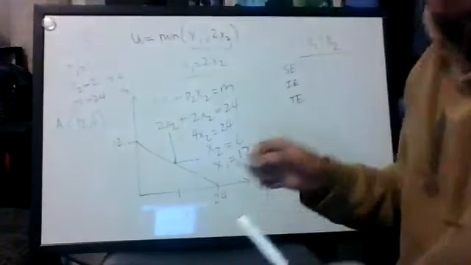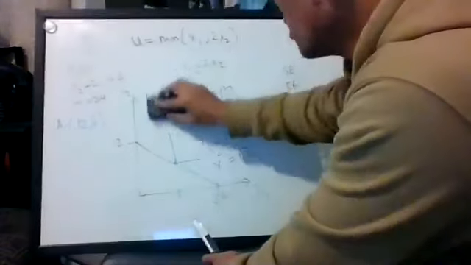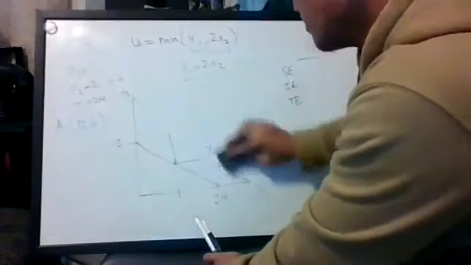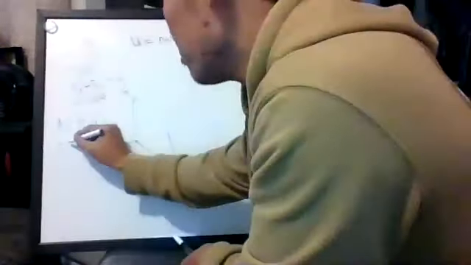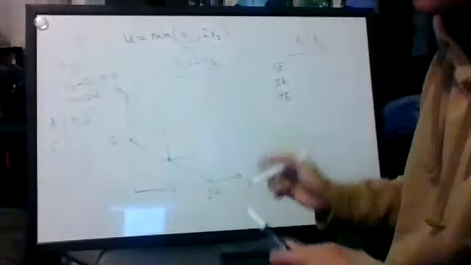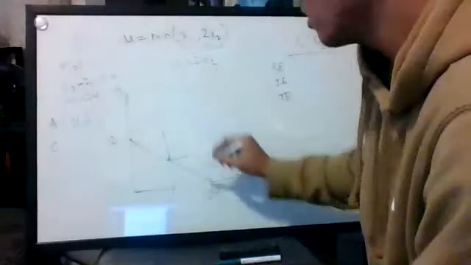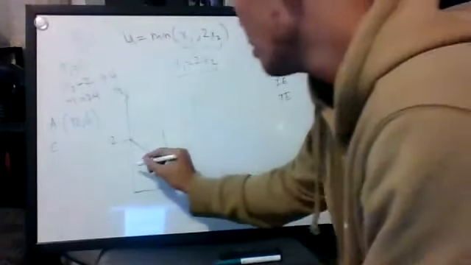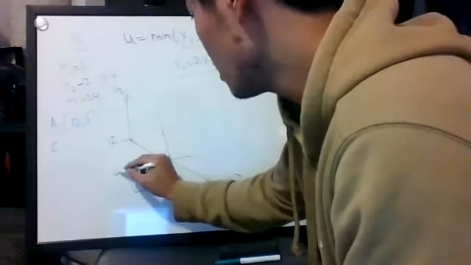Okay, and so we've found what point A is, but I think that it's going to be useful, and I've said this before, to find point C before we find point B, right? And so point C is going to be on the new budget constraint, which if you look at it, will still be 24 here, but it'll be 6 right over here.